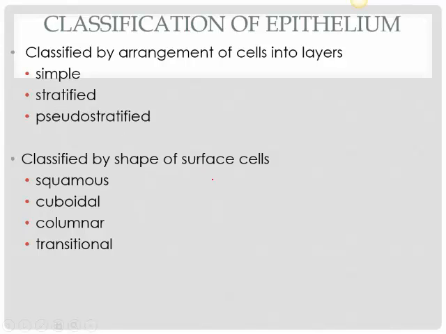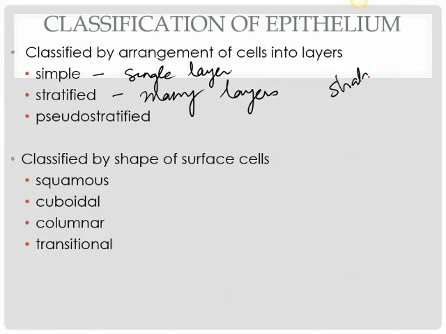By arrangement of layers, if the epithelium has a single layer, it is called simple epithelium. If it has many layers, it's called stratified epithelium. The word strata means layer, so stratified means many layered.